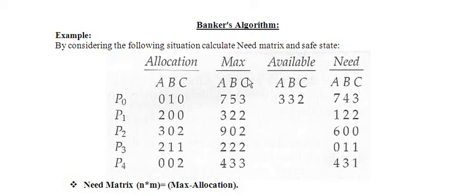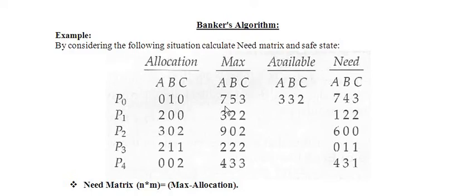The available matrix is one-dimensional; presently it has 3, 3, 2. That means 3 instances of resource A, 3 instances of resource B and 2 instances of resource C. I hope things are clear here.